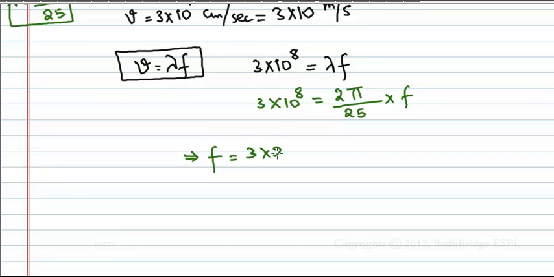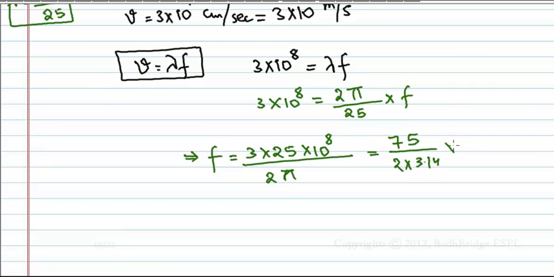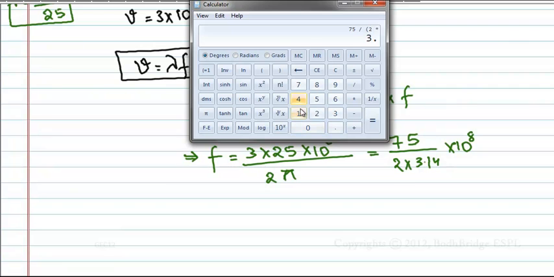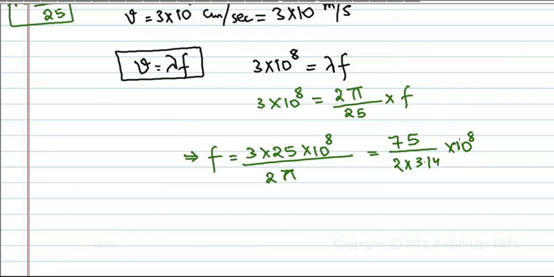From this equation, the frequency is 3 into 25 into 10 power 8 by 2 pi. That is equal to 75 by 2 into 3.14 into 10 power 8. Let's calculate this. 75 by 2 into 3.142 gives me 11.9, that is 12 nearly.